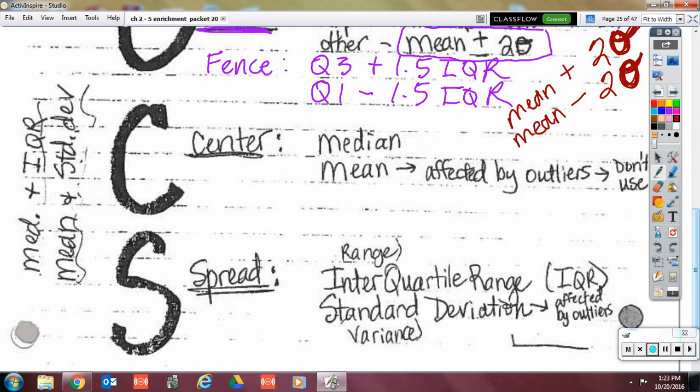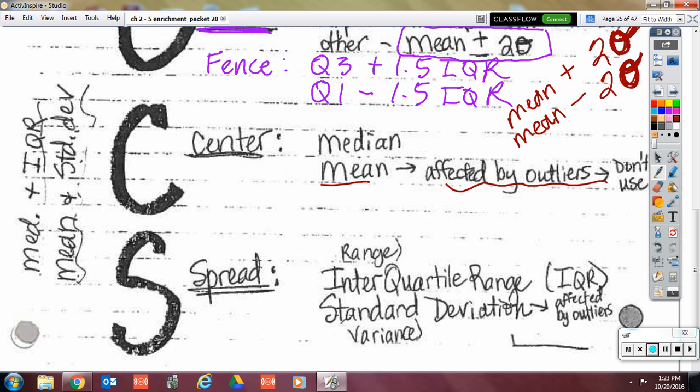Do you remember on our last assignment that we had done together, we found that mean got affected by outliers or skew. So if you have skew or outliers, don't use the mean. If you have skew or outliers, you want to use the median as the center that you use. Okay? Does that make sense?